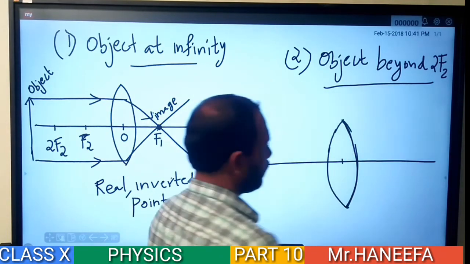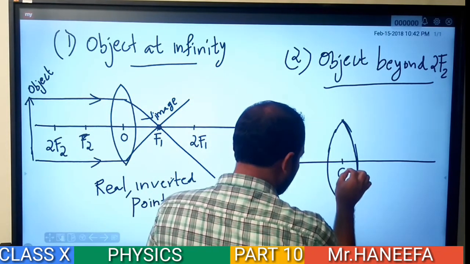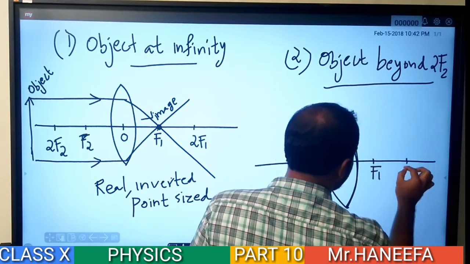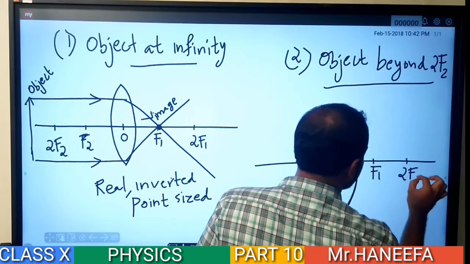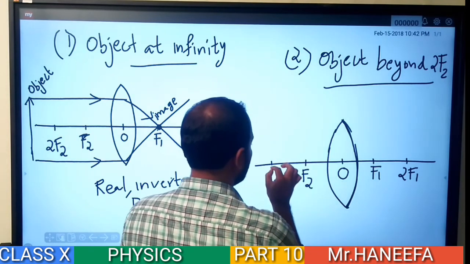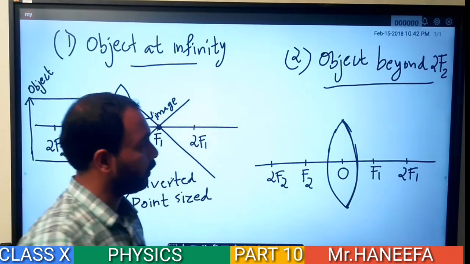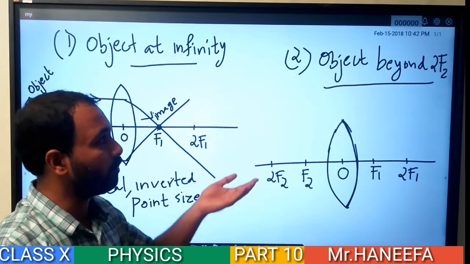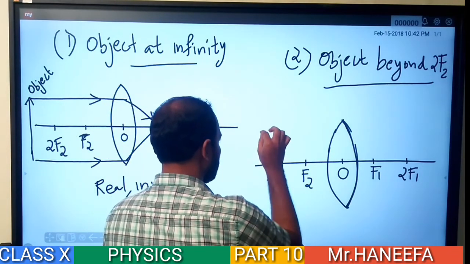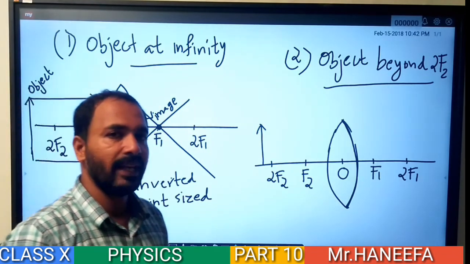This line is called a principal axis. Point O, F1, 2F1, F2, 2F2. Where object is placed? Object is placed beyond 2F2. This is the object.